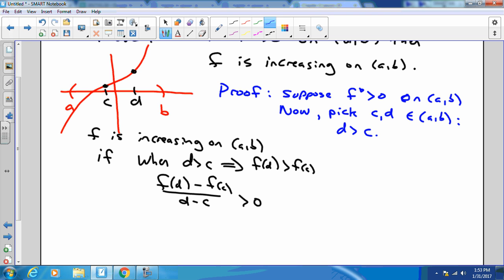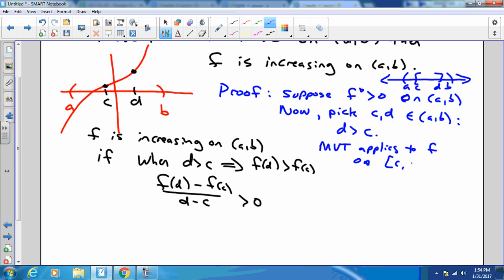Now, does the mean value theorem apply to f on the interval c to d? Well, because f prime is positive, f is differentiable on the entire interval a to b, which includes the closed interval c to d. So f is differentiable on the closed interval c to d, so it is also continuous.